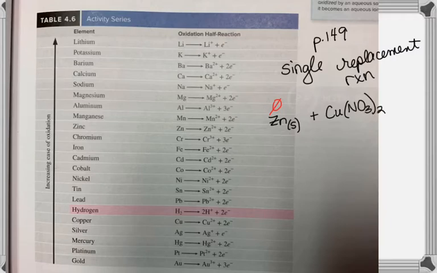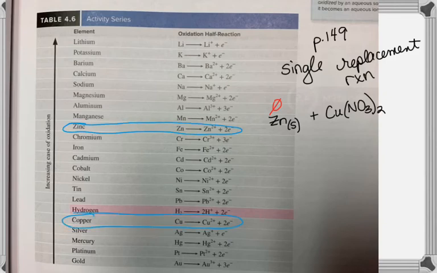When we're looking at single displacement, what we're looking at is, will zinc displace the copper? Find zinc and find copper on this activity series. So here's zinc and here's copper. Relative to each other, zinc is above copper.